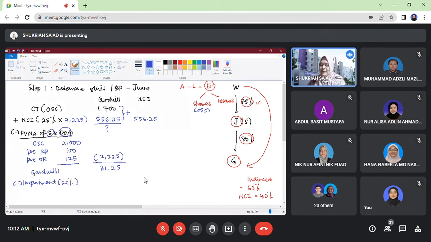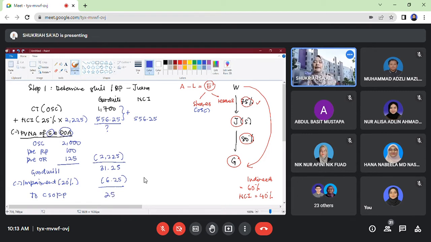Kali dengan 20% dapat 6.25. Tolak. Then we get net figure. So nilai net yang kita akan transfer to consolidated statement of financial position. So berapa? 25.